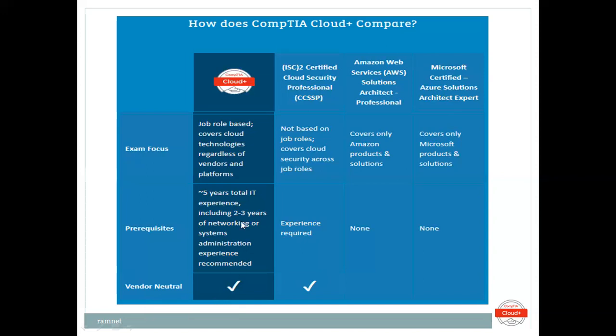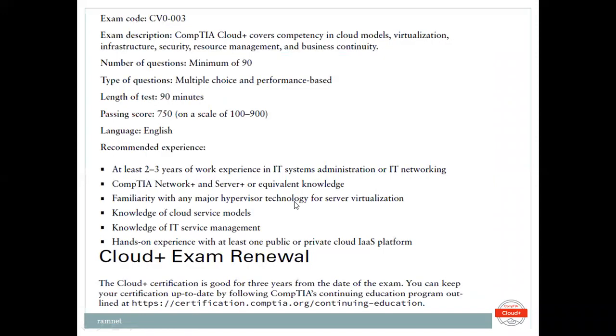Vendor neutral applies to Cloud Plus as well as CCSP, but not AWS and Microsoft because they are vendor-based. So the exam code is CV003. Cloud Plus covers competency in cloud models, virtualization, infrastructure, security, resource management, and business continuity.